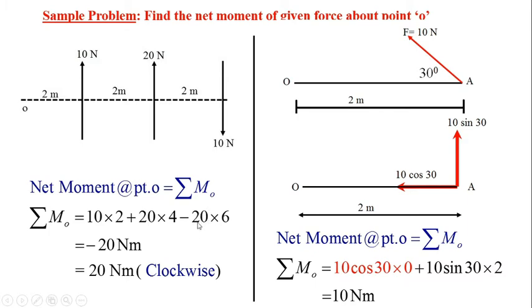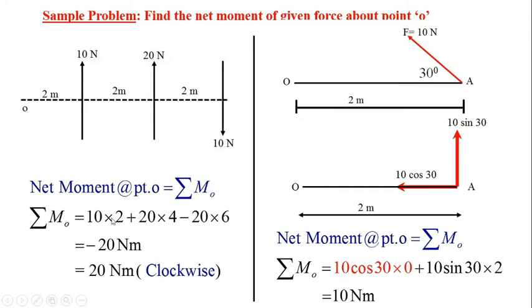Minus 60 plus 80, minus 60 plus 80, 20, 20 plus 20, it should be 30, 30 Newton meter. Okay. 30 Newton meter is the net moment about point O, right.